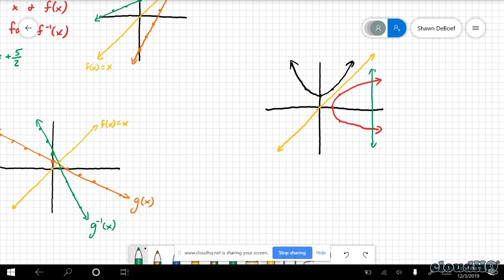It's not a function. Is there a way, do you suppose, that we could have anticipated that before ever graphing the inverse? If we look back at the original, could we have anticipated that that was going to fail? How? We call it the horizontal line test.